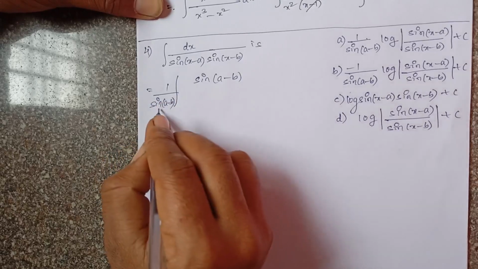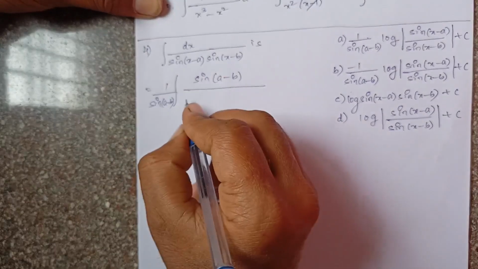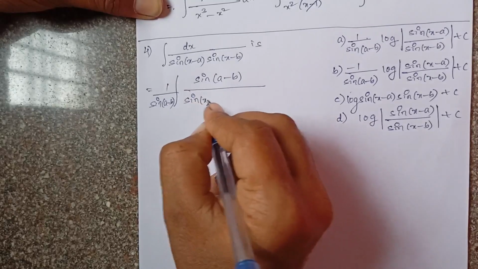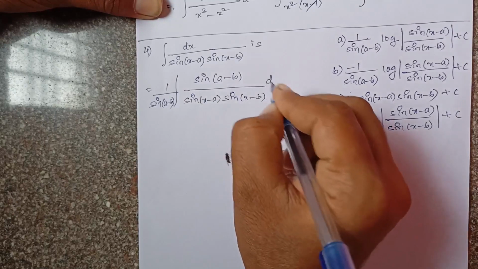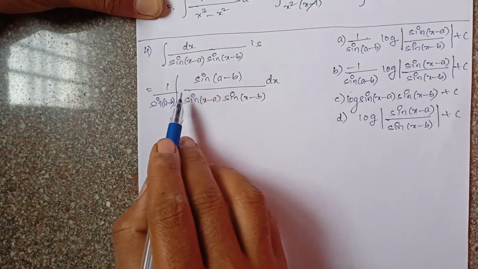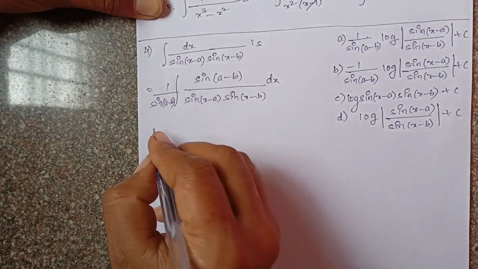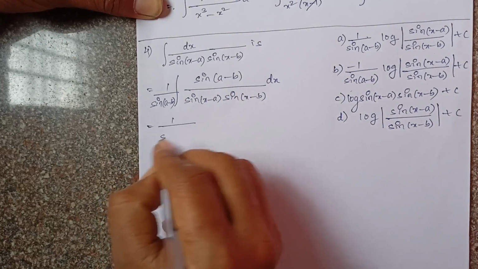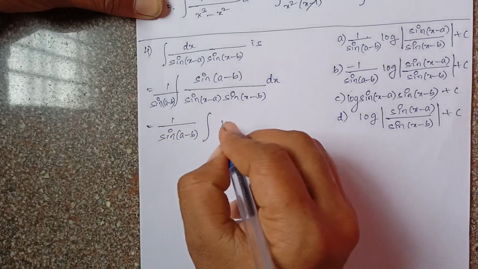As it is a constant, I am writing it out of the integral, divided by this term as it is, sin(x - a) into sin(x - b) into dx. You observe here, you are multiplying by a constant, dividing by a constant, anyhow these two get cancelled out. So 1 divided by sin(a - b), let it be as it is.